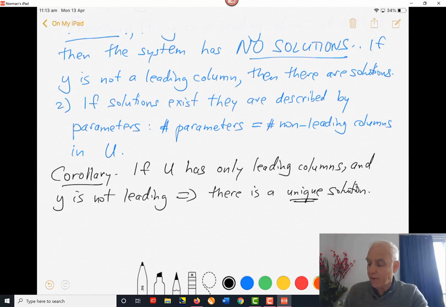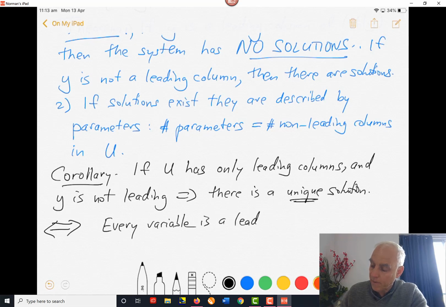Another way of saying this, equivalently, is that every variable is a leading variable. Because remember, the variables themselves correspond to the columns of the matrix on the left-hand side.